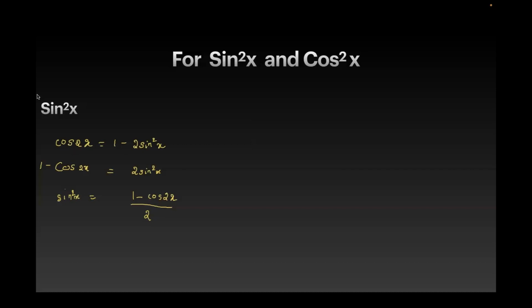Basically, I had to integrate sine square, and now I can integrate it. Apply integral on both sides and split it. Now it's easy: integral 1 by 2 dx minus integral cos 2x by 2 dx. Take 1 by 2 outside, integral dx is x.